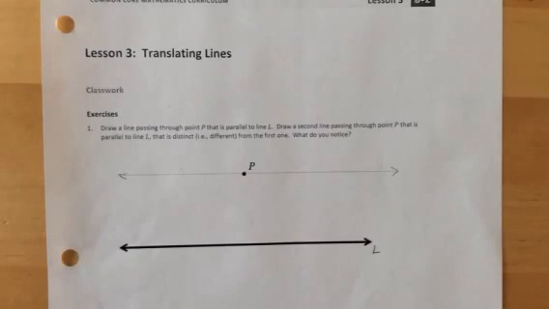So we agree that there's only one line through that point P that will be parallel to the line we started with. Now I'd like you to look at exercises 2, 3, and 4 and work on those, and then we'll have a discussion about that. So go ahead and pause now and work on exercises 2, 3, and 4.